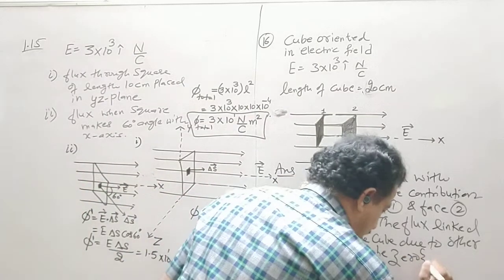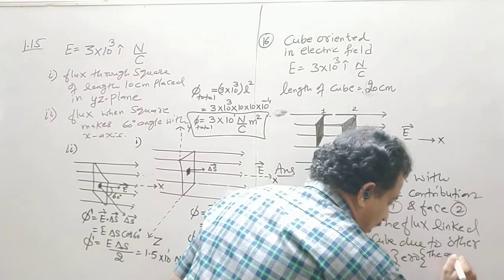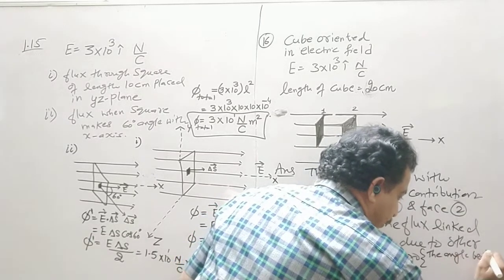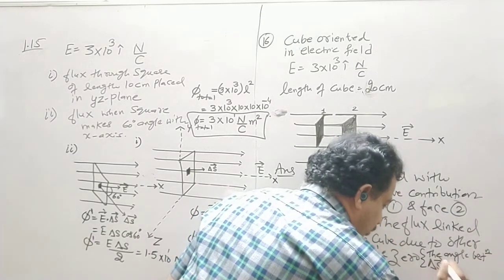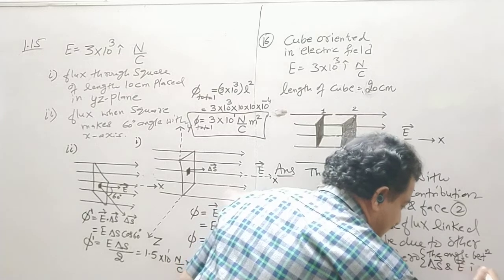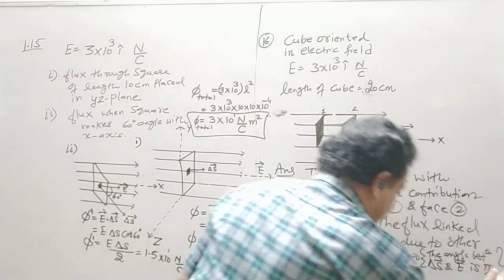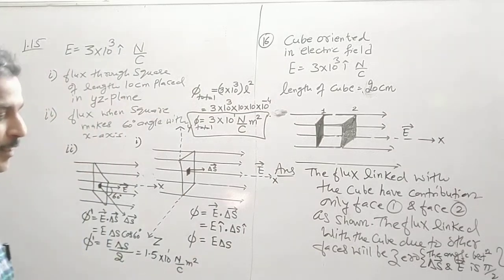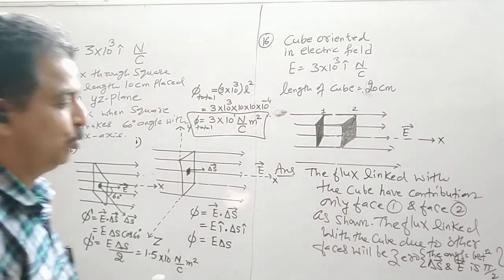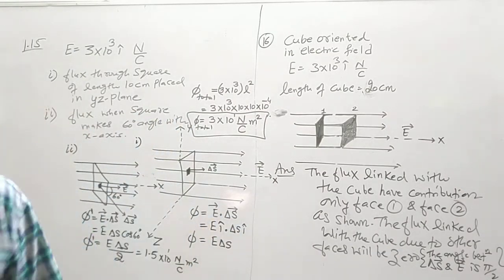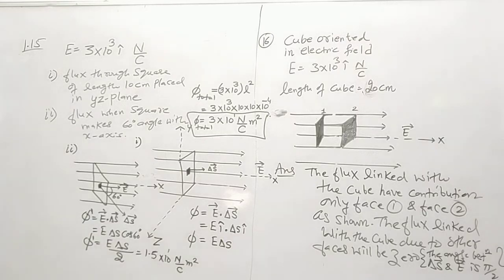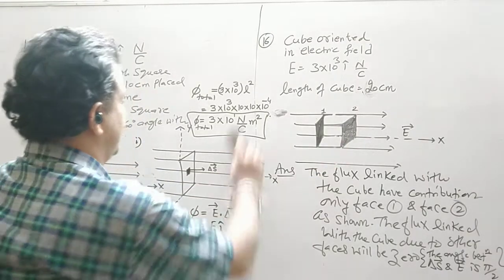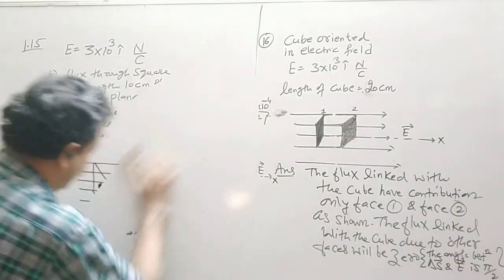Bracket, we will mention the angle between delta S vector and E vector is pi by 2 radian. If you are not able to see, I am repeating this. The angle between delta S and E comes out to be pi by 2. So the flux contribution is 0. So we are left with only 2 faces, 1 and 2.